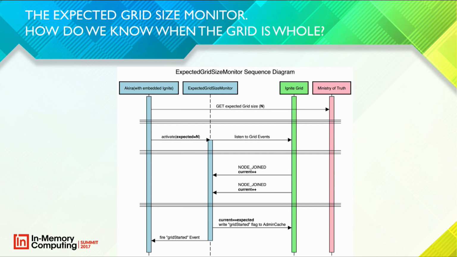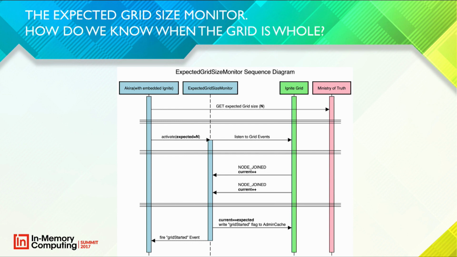And then at some point along the way, we start up this expected grid size monitor and say, hey, you should be looking for 20 nodes. It goes in, tells the Ignite grid to start listening for grid events. Those grid events come in, we count them up, and when we get to 20, we fire two things.